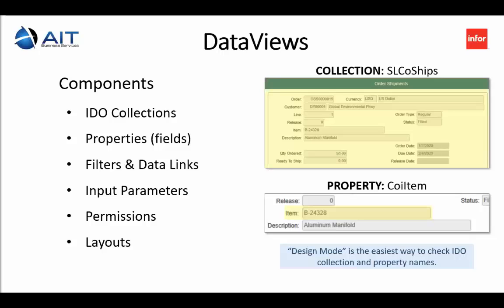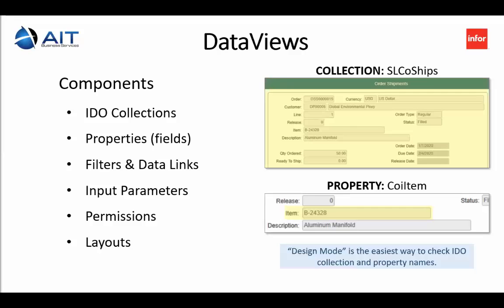If you look to the right there, just a very, very simple example of that type of relationship. In this case, the property is what's known as the COI item. So that's sort of that background technical term for that field there called item. And it is a property within an IDO collection known as SLCO ships, or as it's more commonly known, the order shipment screen.